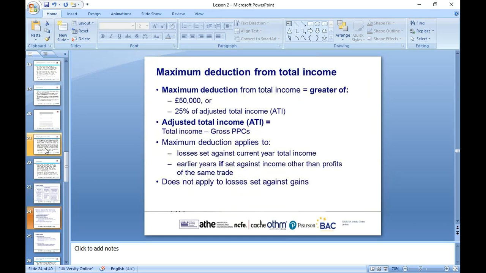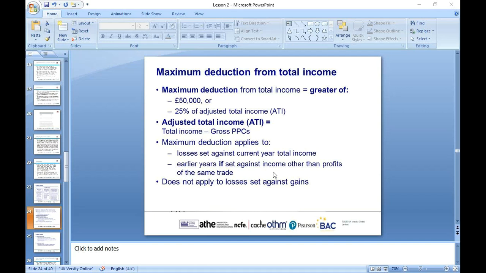Okay. Trading losses, maximum deductions. We have rules: the maximum deduction from income is the greater of 50,000 or 25% of the total income. If you have losses greater than 50,000, you can only deduct 25%. Adjusted income, you can spread over 5 years, but you can't claim it in 1 year.